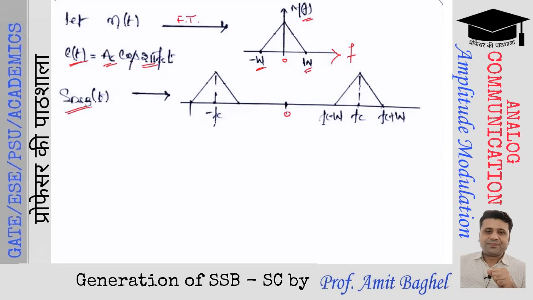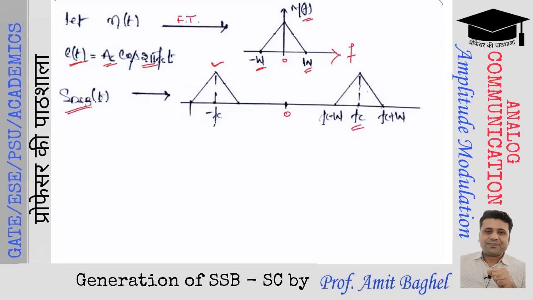So we have zero frequency here. The message signal M(f) will be shifted by the frequency fc and will generate the spectrum at M(f minus fc). So this is M(f minus fc) and this is M(f plus fc). This is the DSBSC modulated waveform spectrum, which we have discussed earlier as well.